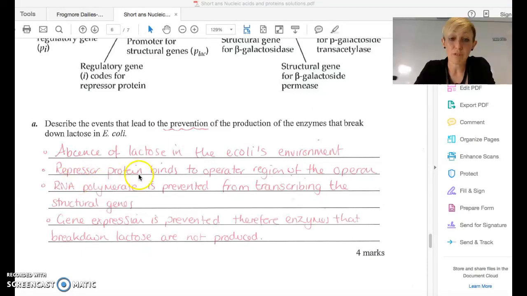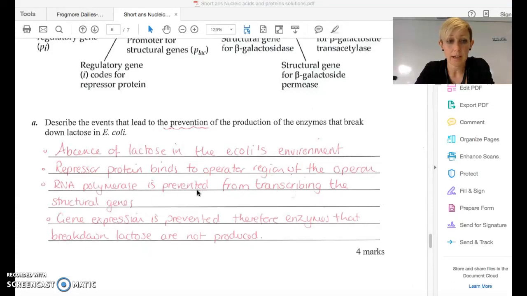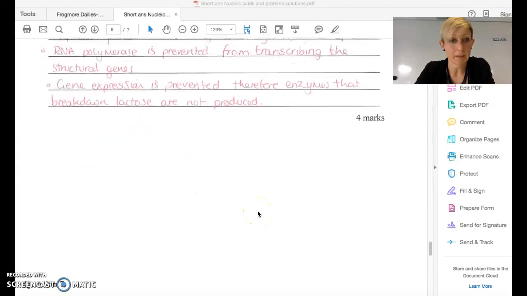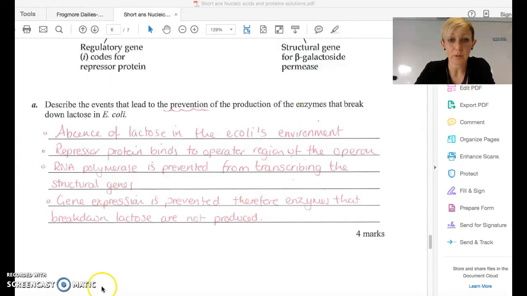Then the repressor will bind to the operator region. Really important that you state repressor protein and operator region. RNA polymerase therefore cannot transcribe the structural genes, and therefore gene expression is prevented and the enzymes will not be produced. They're the 4 marks. Please improve your answer. Notice which key terms you're missing.